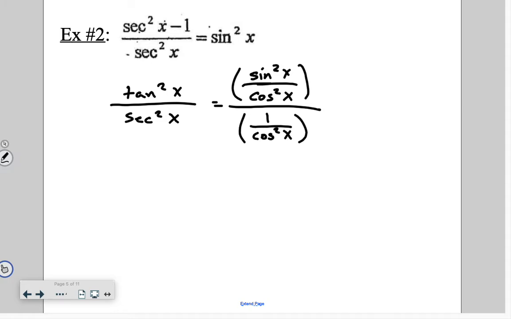Yep. So rather than take the numerator and divide, we're going to take the numerator and multiply by the reciprocal of the denominator. Well, isn't that nice? Look what happens. Cosine squared cancels out. There it is. Made it. Sine squared is the answer. You end up with sine squared over 1, which is exactly what we were trying to get to.